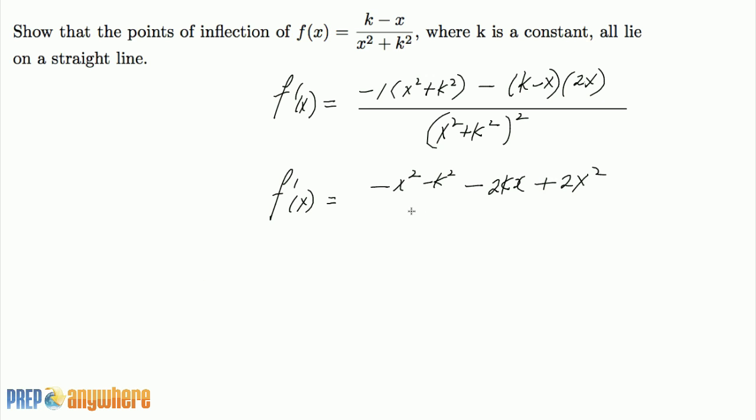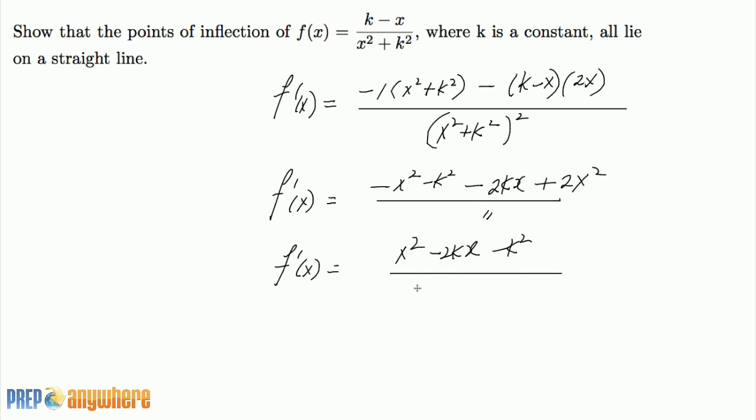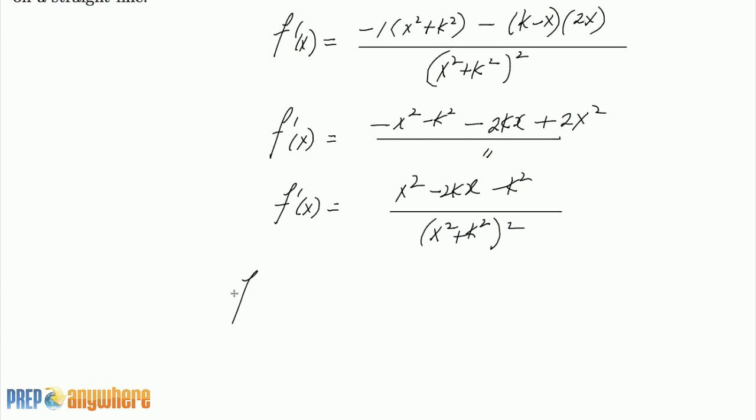You get this, right? So we get x squared minus 2kx minus k squared on top. Okay, so I put it in the general quadratic form. One more time.